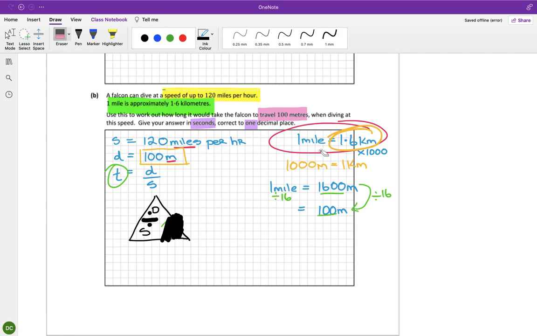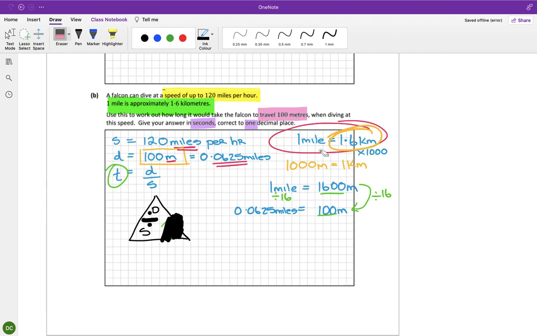I am getting 0.0625 miles. Okay? So then that becomes our distance. 0.0625 miles. Now we have miles matching miles, so I can do the calculation.